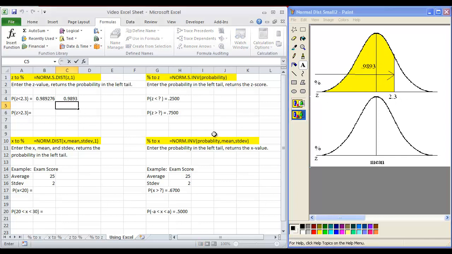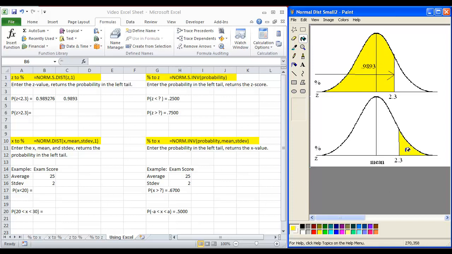So let's go ahead and look at the other version of it. What happens if you're dealing with a greater than sign? What they're asking for is what's in the right tail. So let's use the same one here. We're going to use 2.3 again, and we want to know what's in the upper tail. How do we get that?